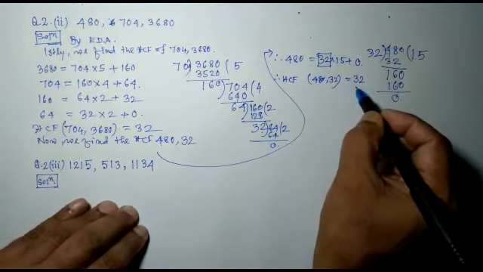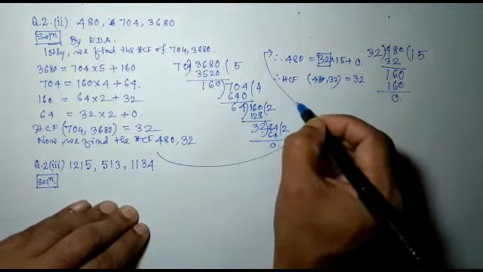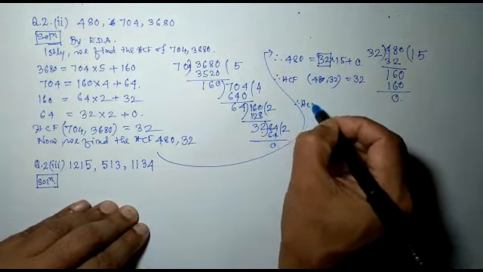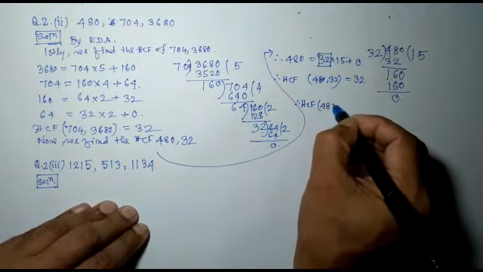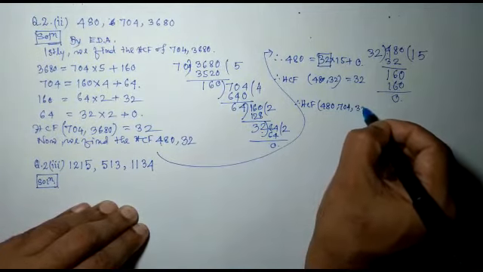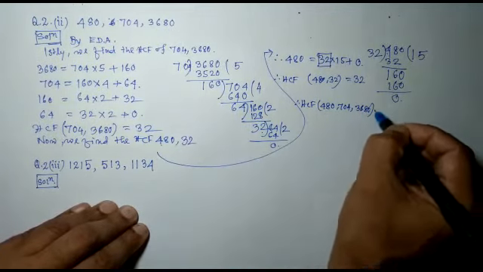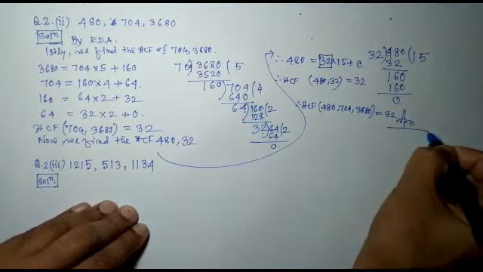And this will be actually the H.C.F of all the three numbers. So we can write therefore H.C.F of all the three numbers, the question 480, 704 and 3680 is equal to 32, and that is the answer.